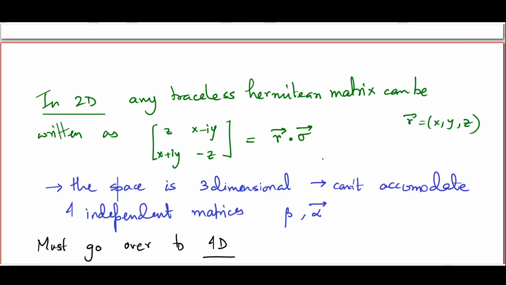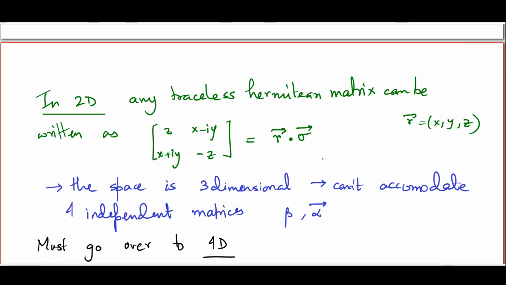Sigma 3 could take the place of beta, and sigma 1 and sigma 2 could take the place of alpha 1 and alpha 2. In fact, the Dirac equation in 2 plus 1 dimensions happens to be very, very important nowadays in condensed matter physics, because it gives us a very nice way of explaining features of the material graphene, which, as you may be aware, is the hot material nowadays.